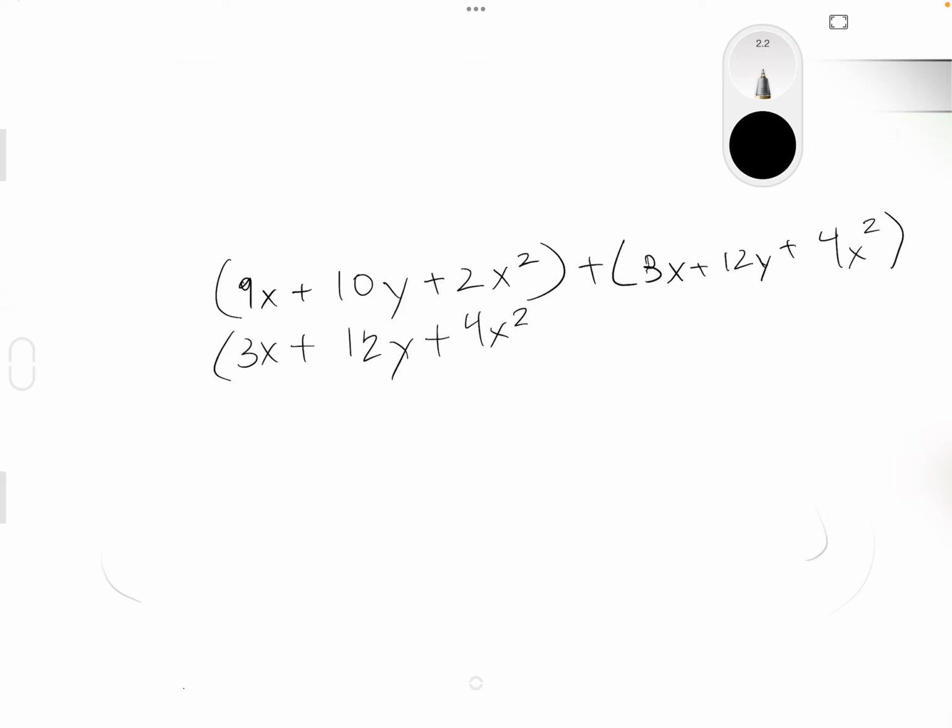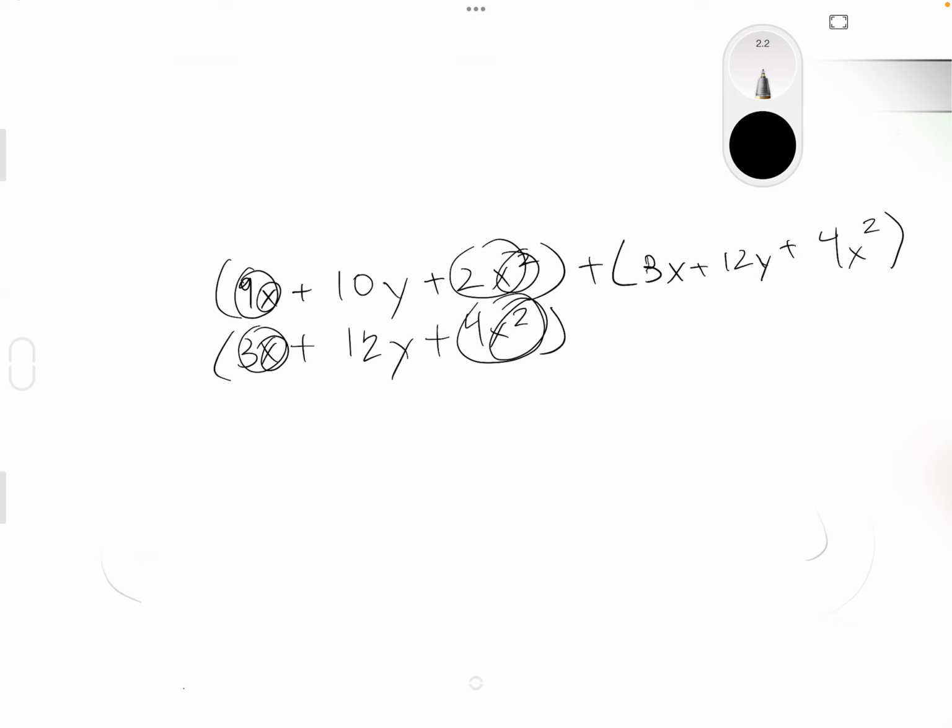Alright, so first thing we have to do is find the like terms. And what that would mean is, for instance, 9x and 3x are like terms. And then same thing for 2x to the second power and 4x to the second power.